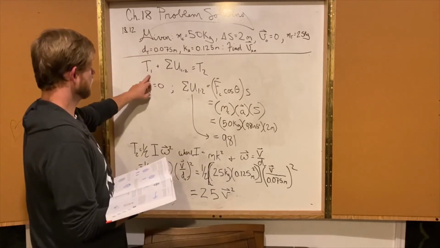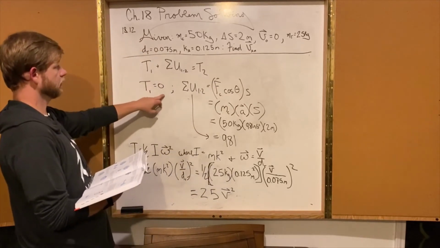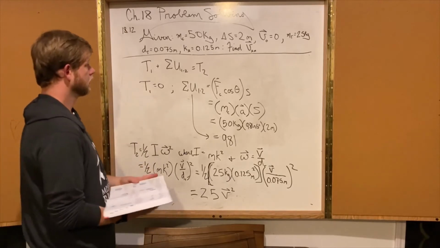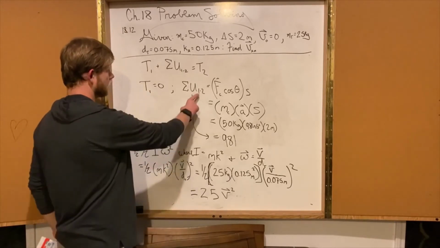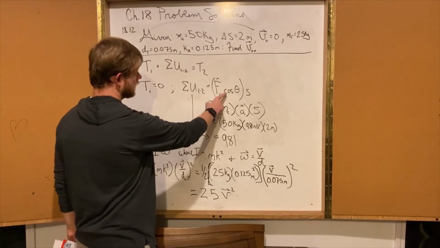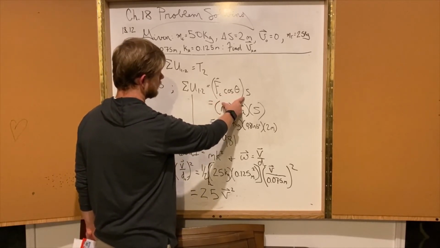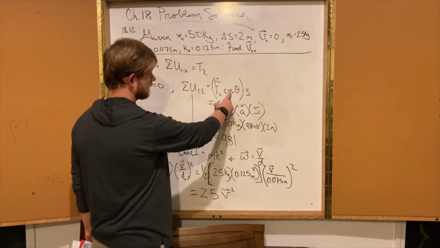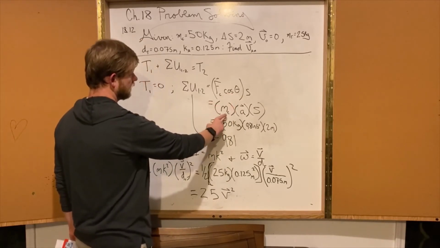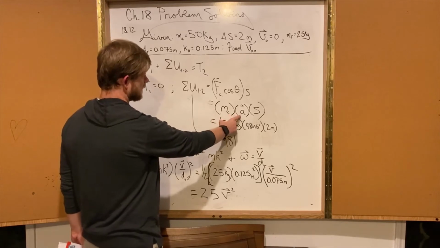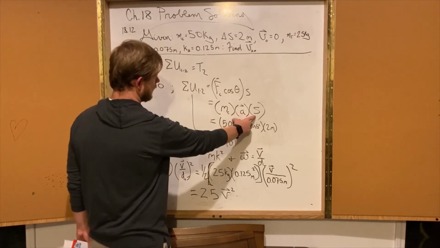So we know that it's at rest at T1, so T1 equals 0. The sum of work from point 1 to point 2 is the force cosine theta times the distance. Cosine theta, it's going straight down, so it's going to be 1. So force equals mass times acceleration, and then the distance.